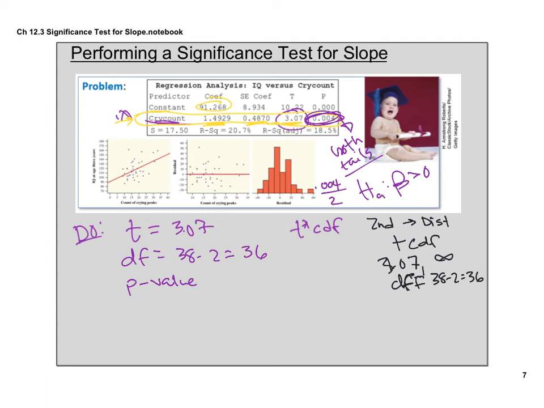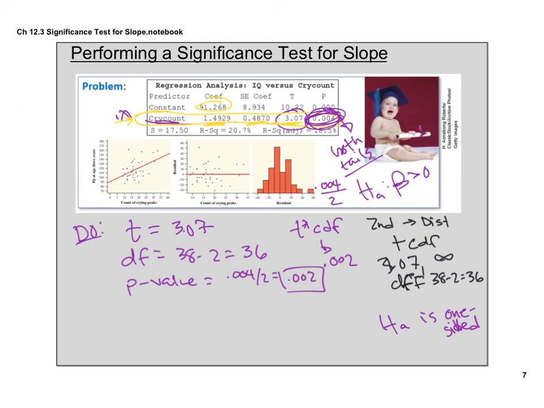If you did TCDF on your calculator, you would see that you got a result of 0.002. That is that 0.004 cut in half. So your p-value is 0.004 divided by 2, which is 0.002. We cut that in half because we're only looking at a one-sided test for this alternative. HA is one-sided. This p-value gives you both tails, but you don't want both tails.